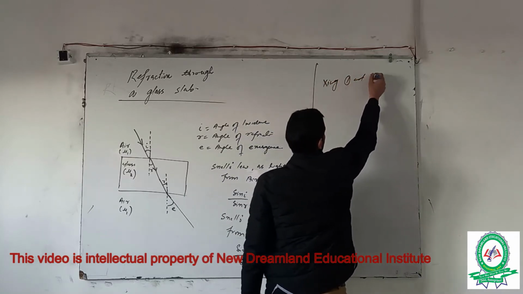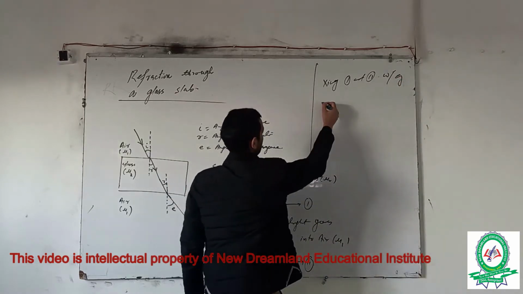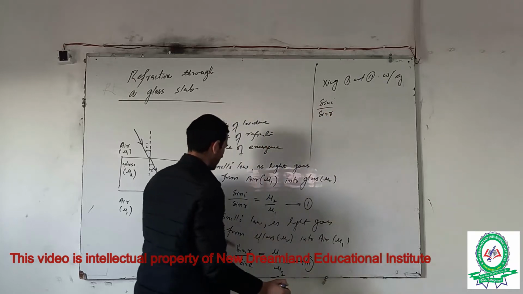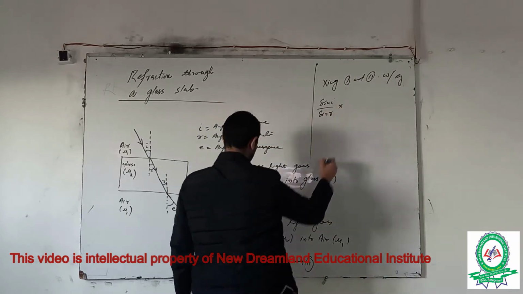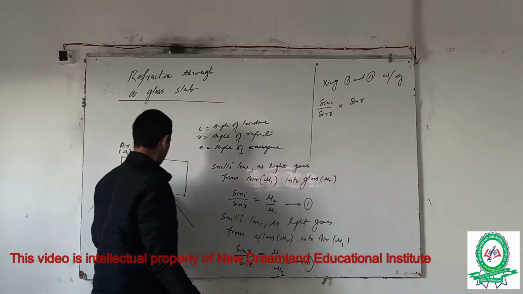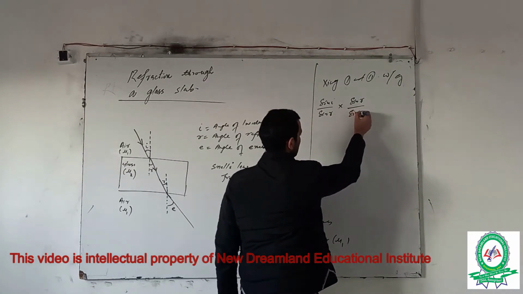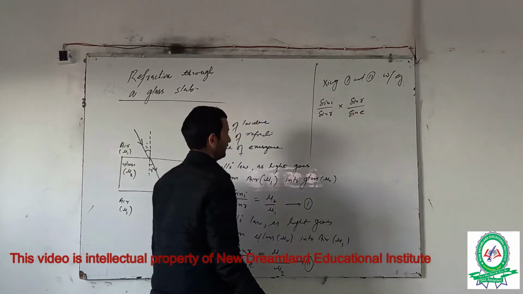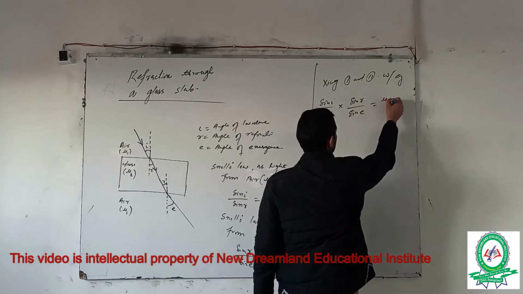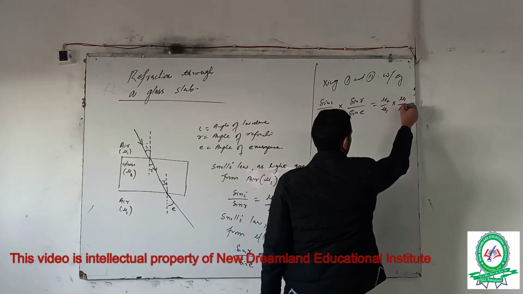multiplying first and second, we get sine I, sine of angle of incidence divided by sine of angle of refraction into sine of R, that is angle of incidence for bottom surface, divided by sine of E, angle of refraction for the bottom surface, equal to mu2 divided by mu1 into mu1 divided by mu2.